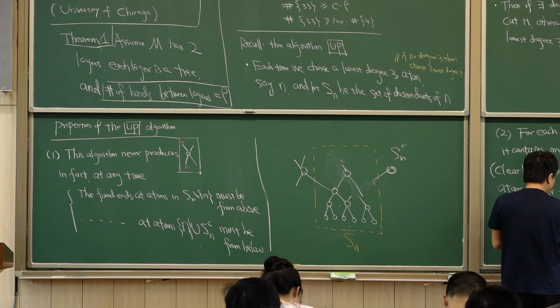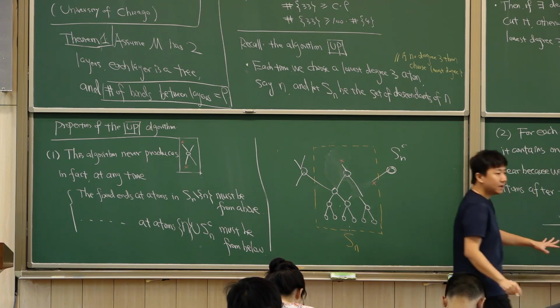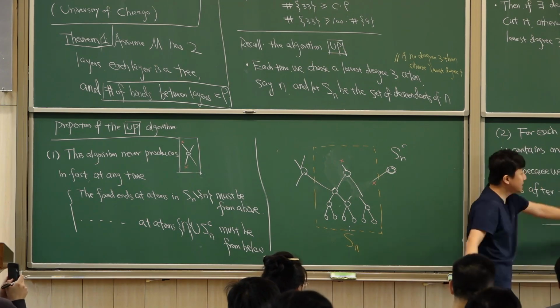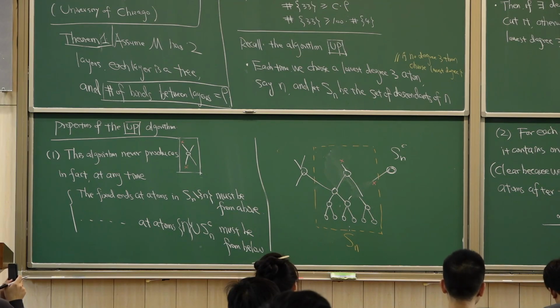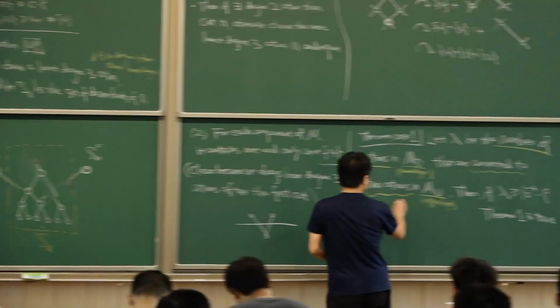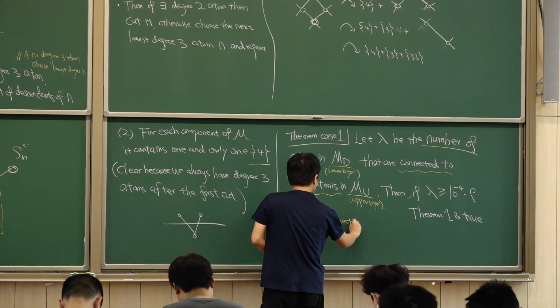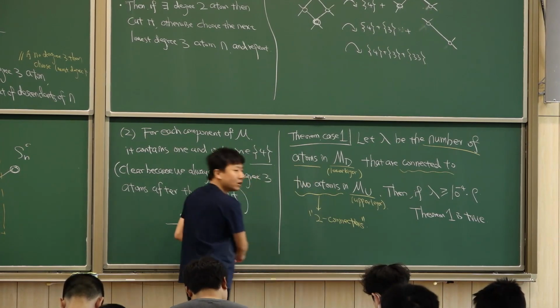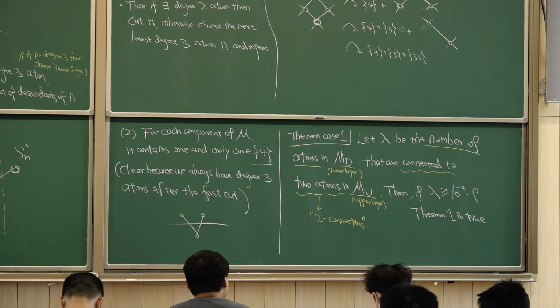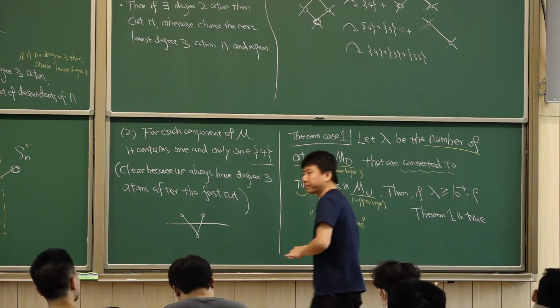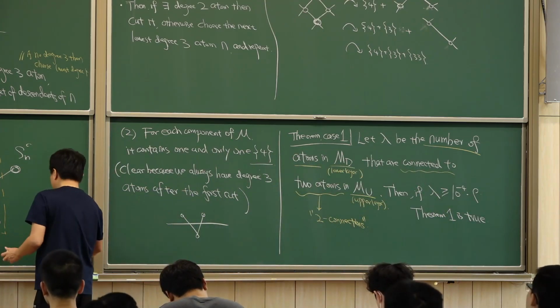So any atom in the lower layer can have only two parents, and now if both of its parents are in the upper layer, okay, this is what is contained in this lambda. Usually we call these two connections. And this case 1 tells us if the number of two connections is big, is not very small, then we are done. Okay?